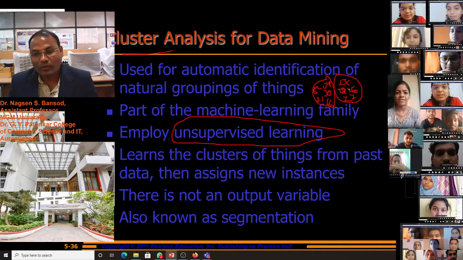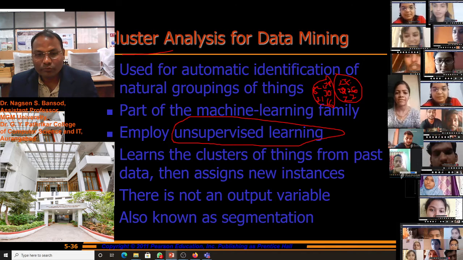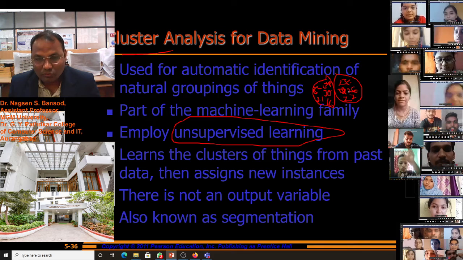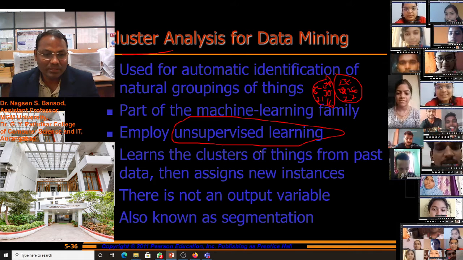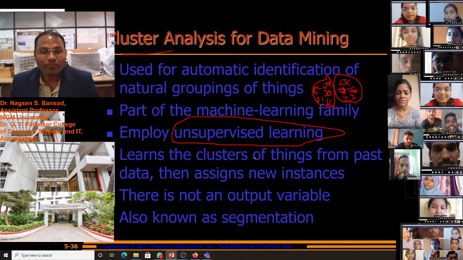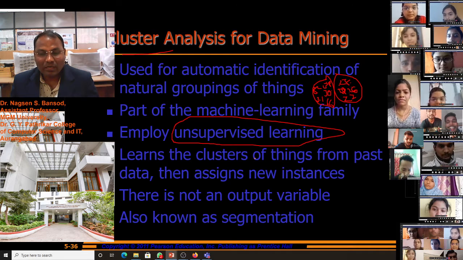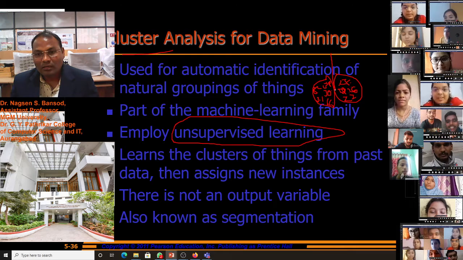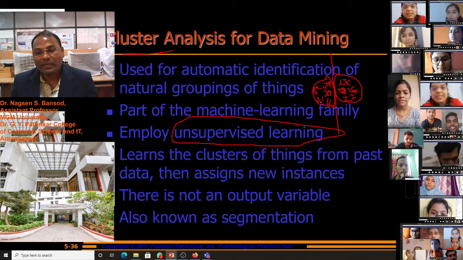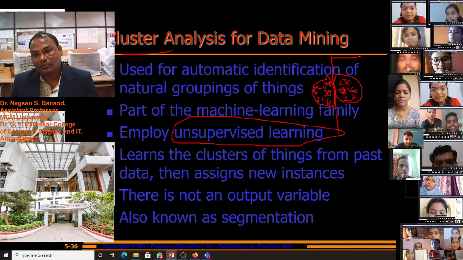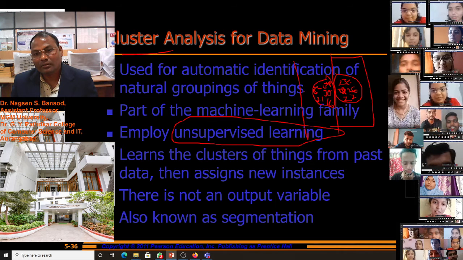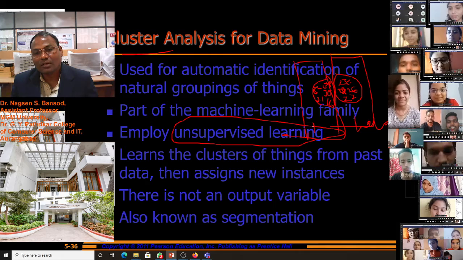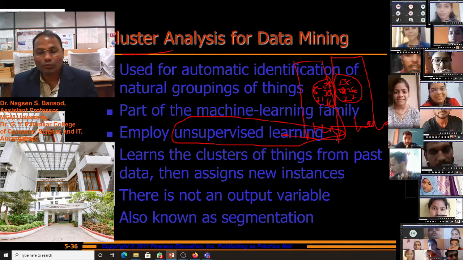This algorithm will learn by itself, so there is no need of supervision, so we can say this is unsupervised learning for clustering data classification. And once we get the clusters we can make the segments on the basis of temperature. This is the low temperature and this is the high temperature zone.